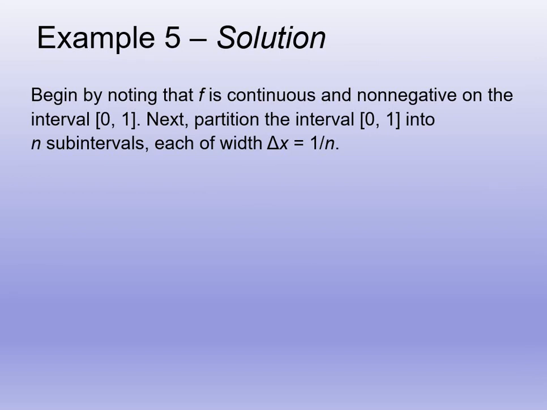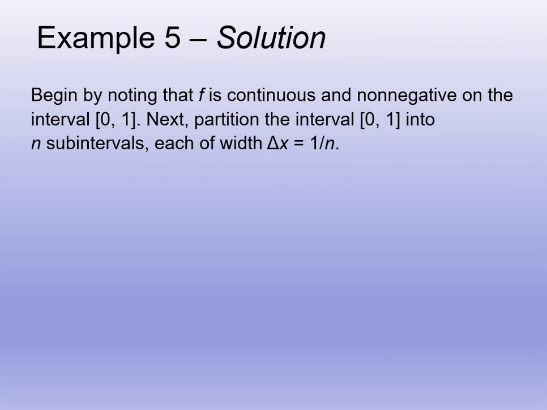Once again, we're using n because it's not given that you're going to make this into 5 rectangles or 10 rectangles or things like this. So each width, our delta x, is going to be 1 over n. Remember, how do we get that? It's going to be 1 minus 0 divided by n, and the 1 and the 0 are b and a.